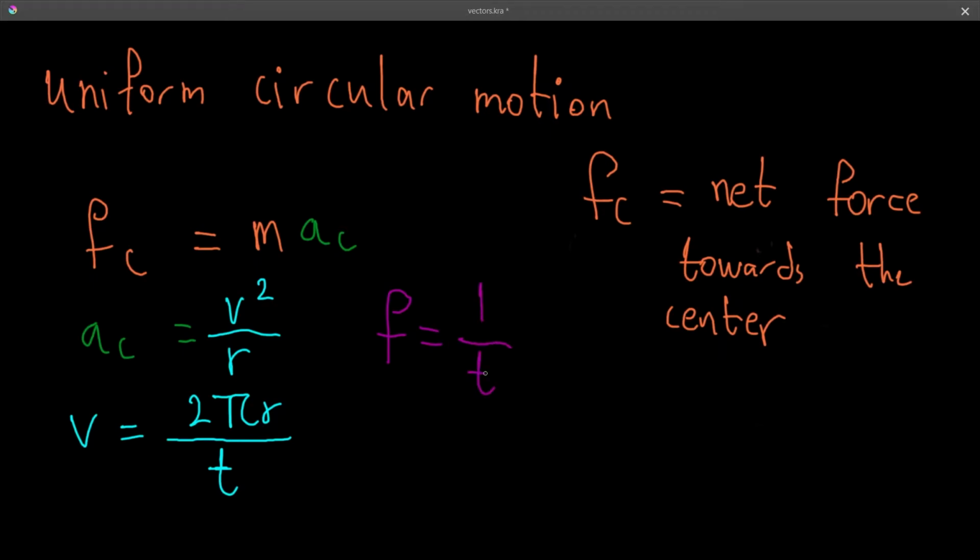Frequency is just the revolutions per second. When you hear of RPM, you're thinking about frequency. These are the most important formulas that you're going to need to solve any uniform circular motion questions.